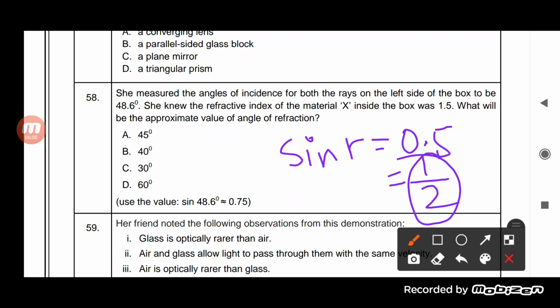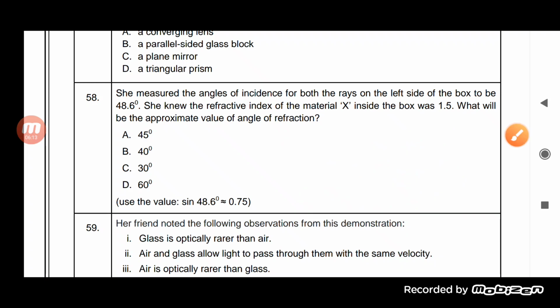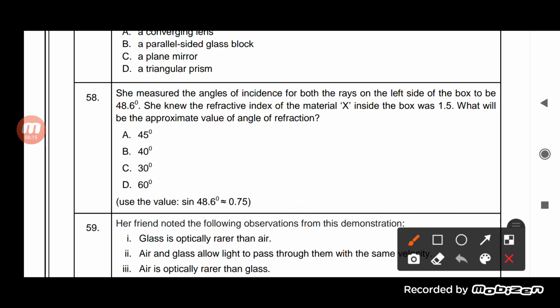So we can say that sin r is equal to sin 30 degree, because the value of sin 30 degree is 1 by 2, which is equal to 0.5. So by this we get the answer: the approximate value of the angle of refraction is equal to 30 degree. Okay, so this is the angle of refraction.